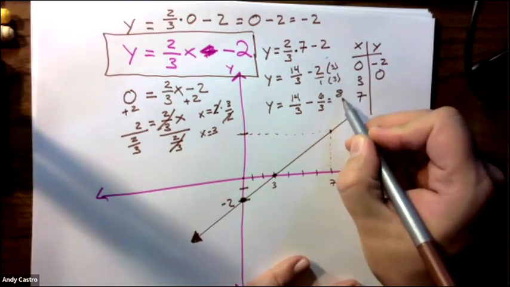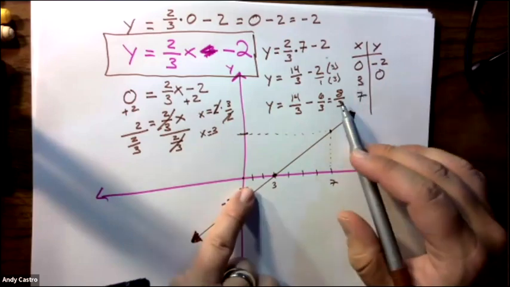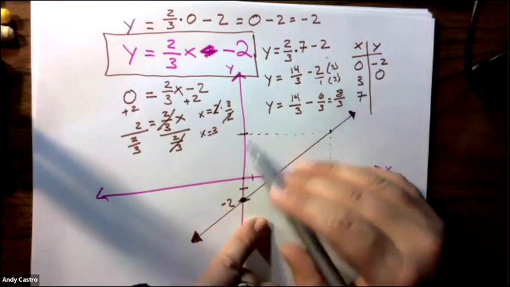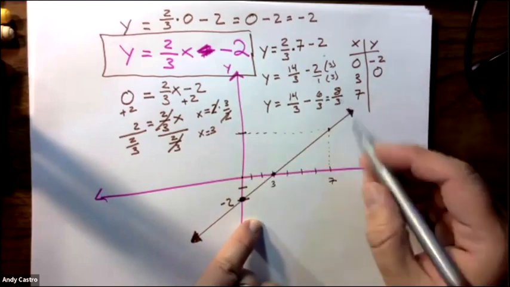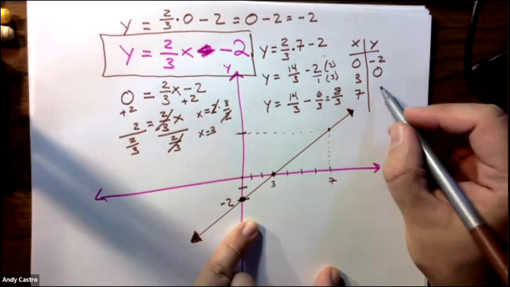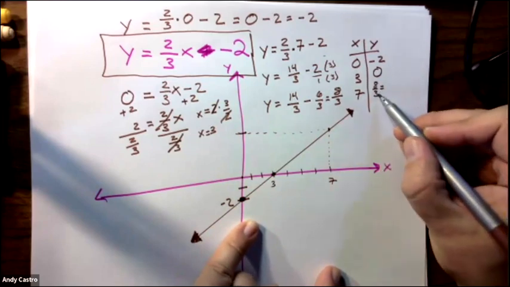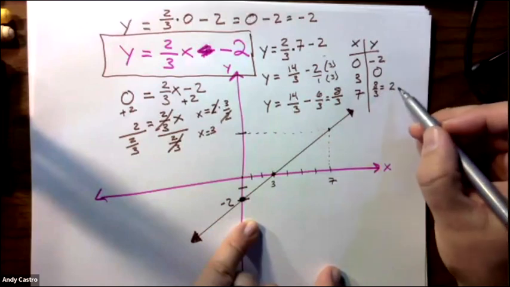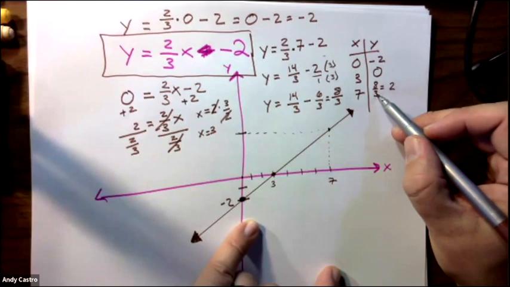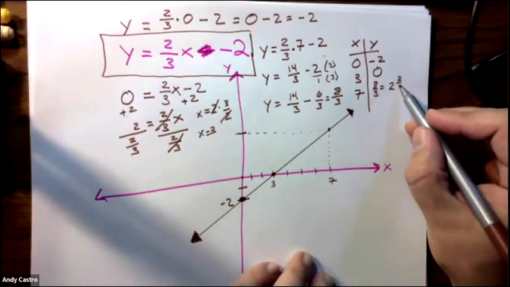So 8 over 3. I'm going to change that to a mixed number so I can see between what whole numbers I'm at. 2 3's going to 8, so I know I have at least 2 whole numbers. And that gives me 6. And I have 2/3 left over.